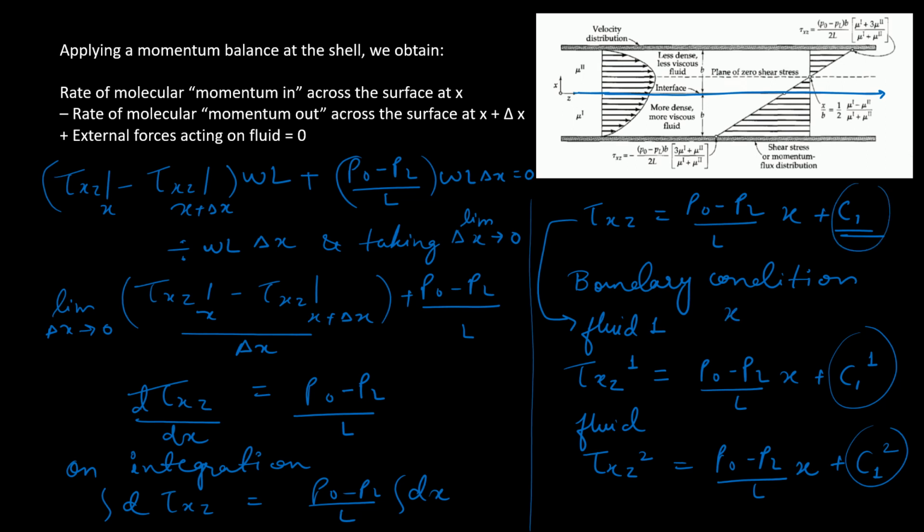When x equals to 0, we find tau xz1 equals tau xz2, that is, the shear stress acting on fluid 1 is equal to the shear stress acting on fluid 2, because it is an interface at x equals to 0.